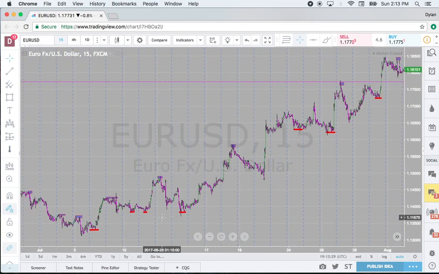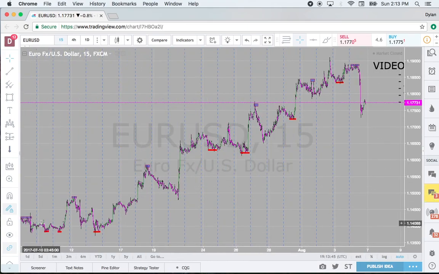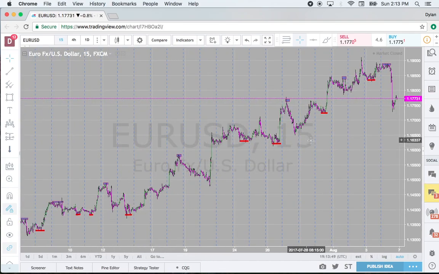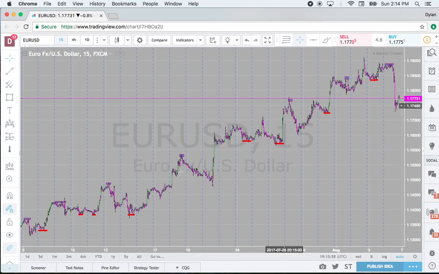But yet, there are so many times that I find students going against the trend, looking for M's, trying to catch that massive move, when really the massive move is right in front of you. You could have caught all these W formations and added onto your position with little to no drawdown, going with that trend.